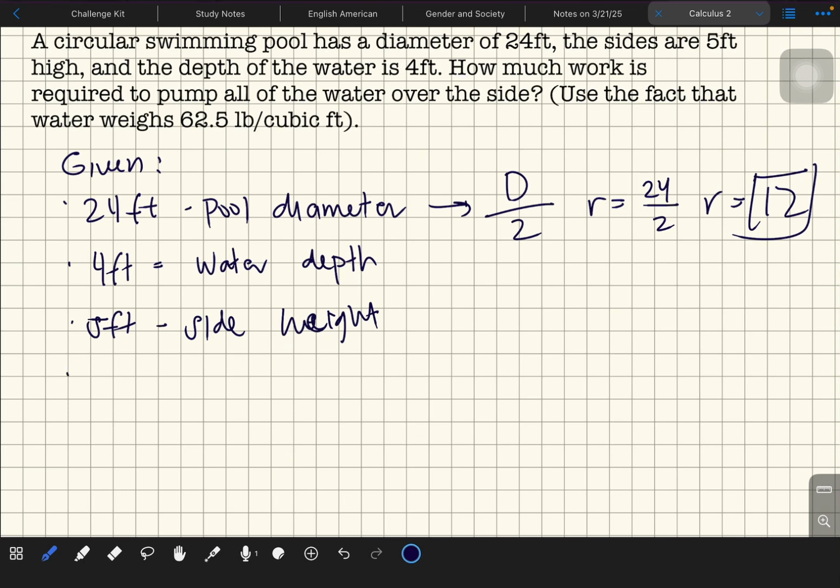And last, the 62.5 pounds per cubic foot is the water weight density.